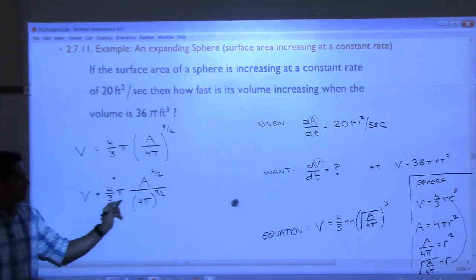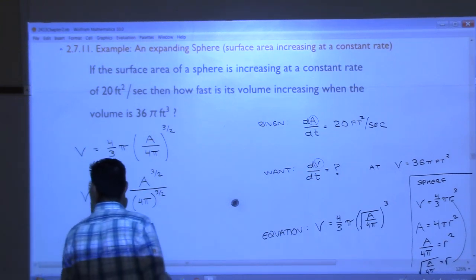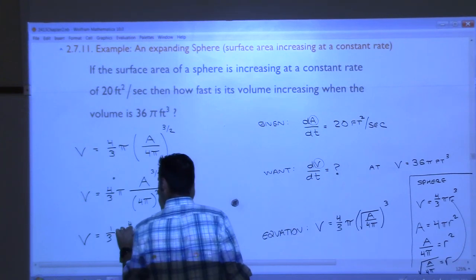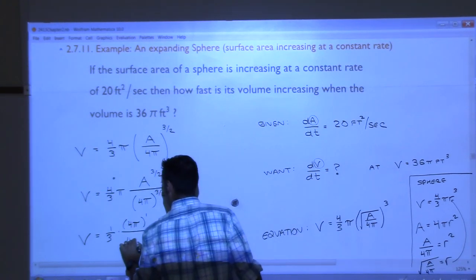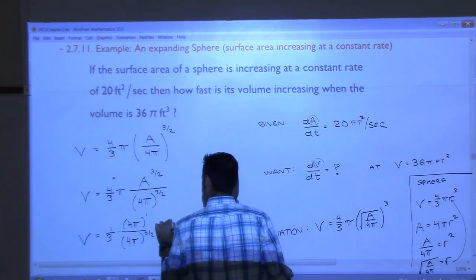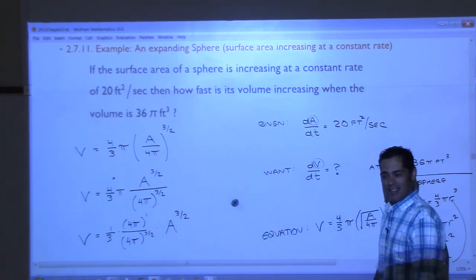This is all a constant, isn't it? Okay. Let me do this. See if this helps. 1/3 times 4 pi to the first power over 4 pi to the 3/2 power times a to the 3/2. All right, is that the same thing?